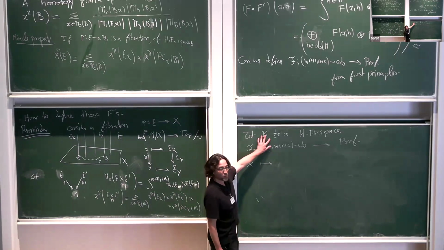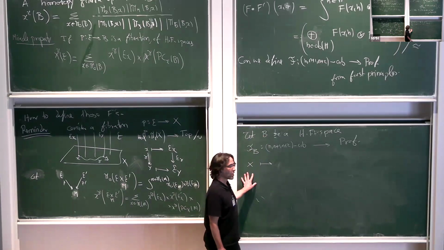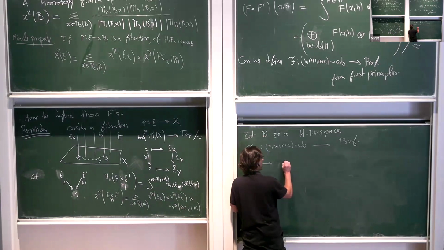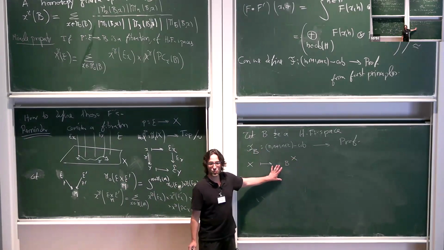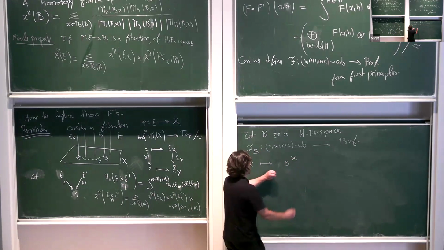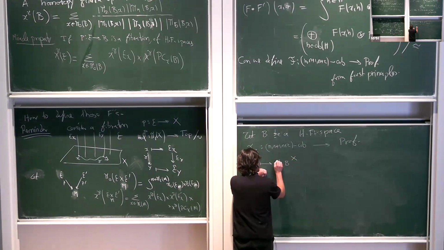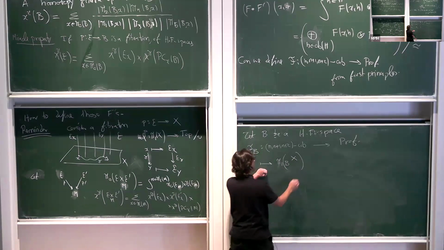So you have a homotopy finite space B. We have a manifold, so we can build the function space of maps from X into B, and then compute the fundamental groupoid.